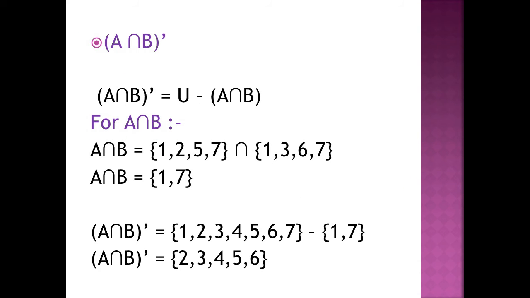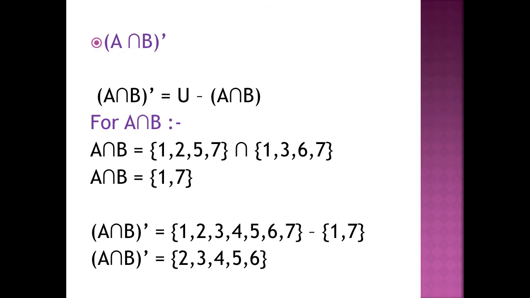Second example is (A intersection B) complement. What is the formula? (A intersection B) complement is equal to U minus (A intersection B). We know that for finding the complement of anything, we will subtract it from U. U is the universal set.